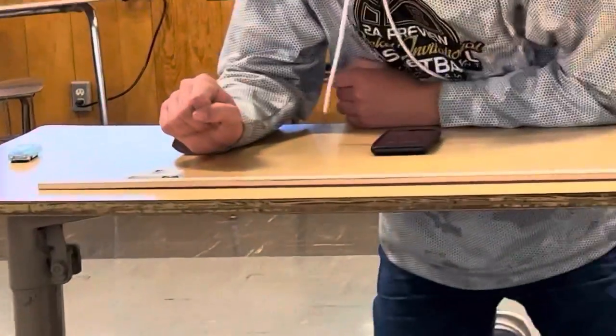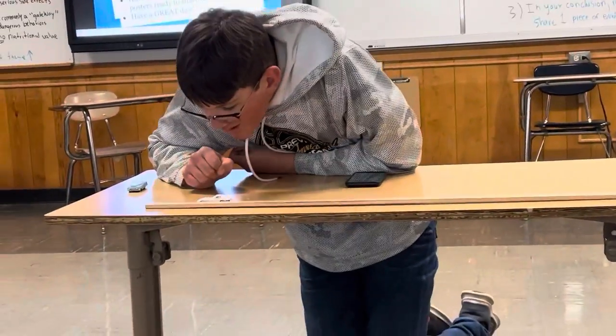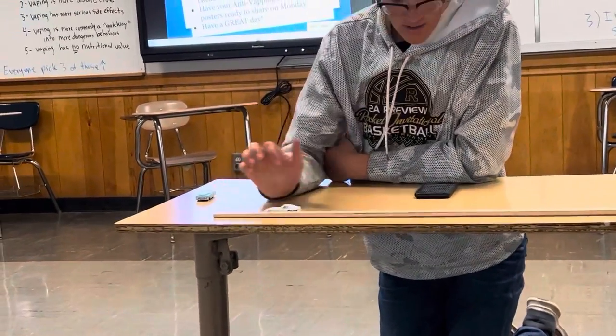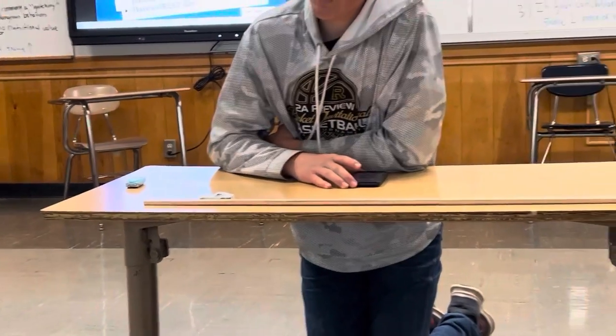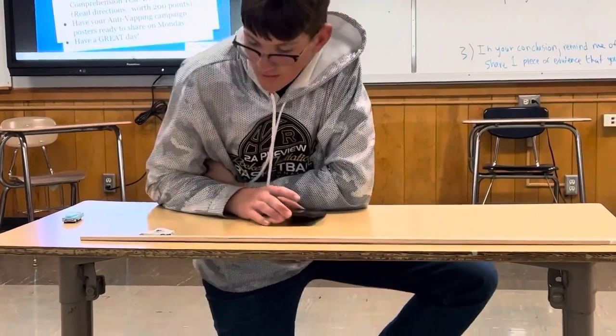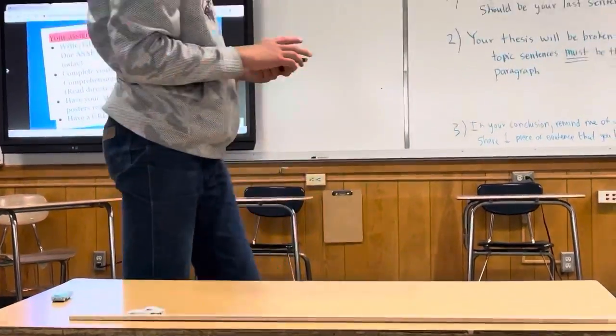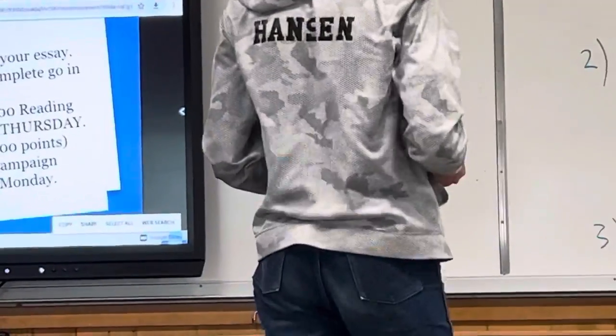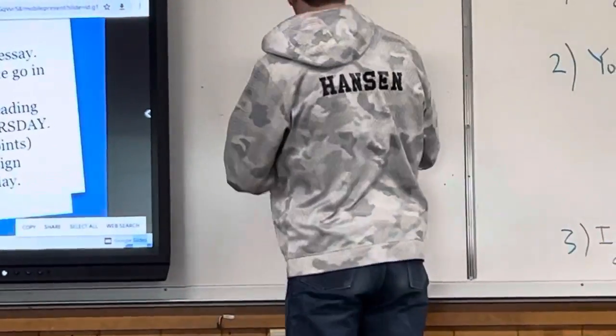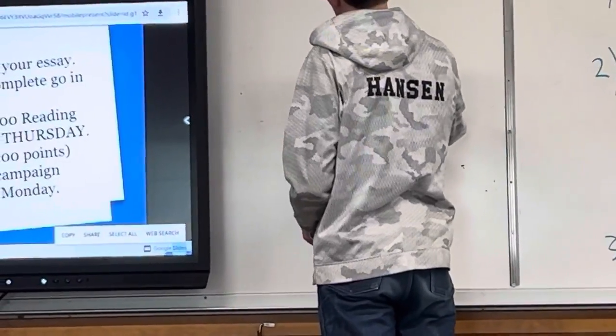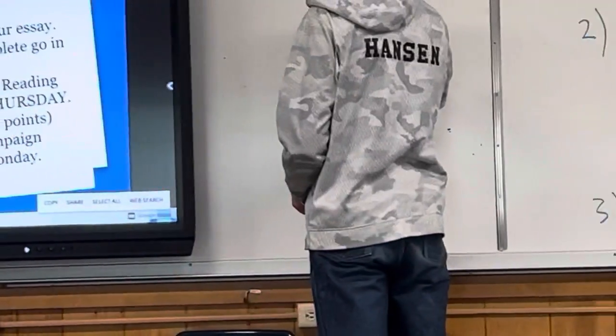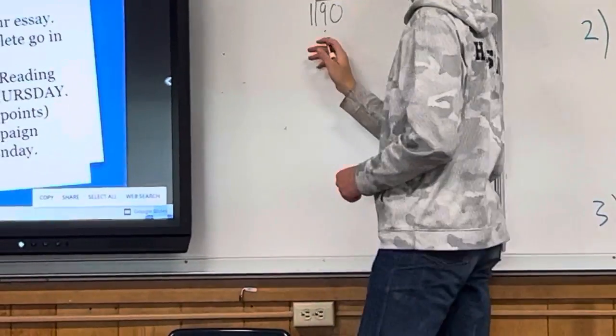Okay, so this car went about 90 centimeters in 1 second. Now we're going to do the math up here on this board. It went, in 1 second, 90 centimeters.